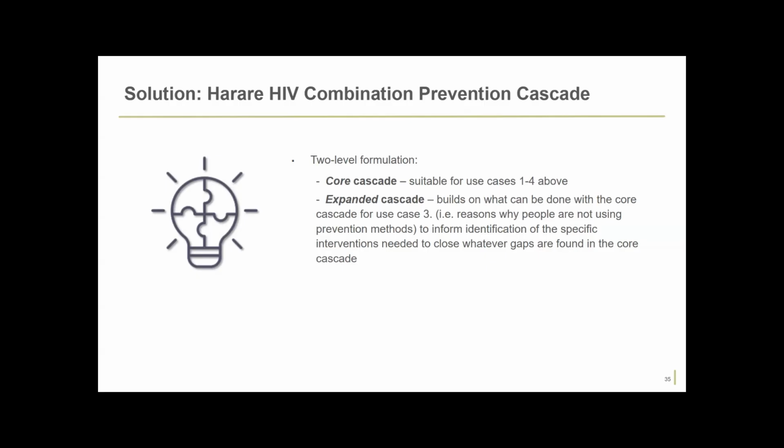Otherwise, we can only say people are motivated or not motivated to use particular methods. But to explain the reasons why people are motivated, why they are not motivated, and why they are not using a particular prevention method, we use the expanded cascades. Let's move on.